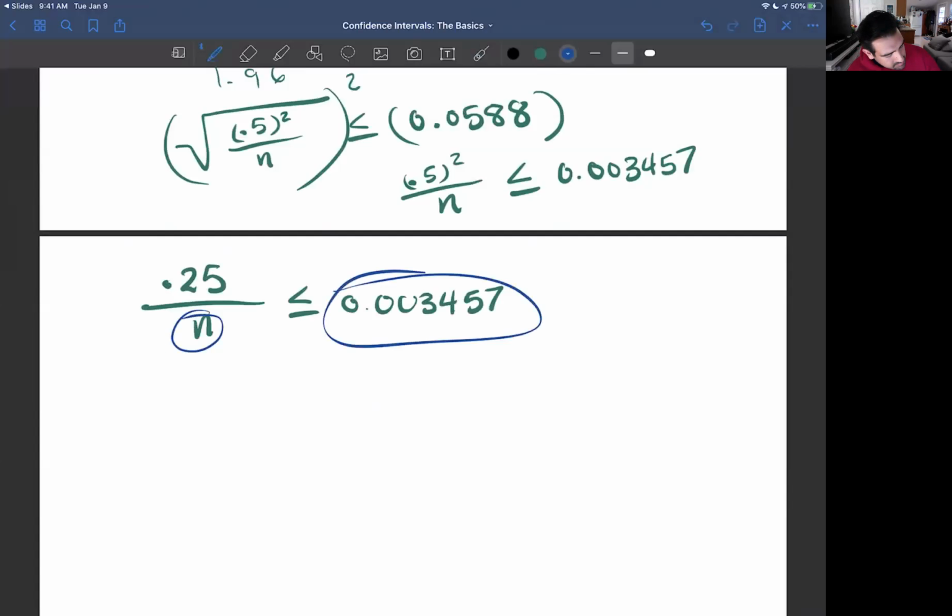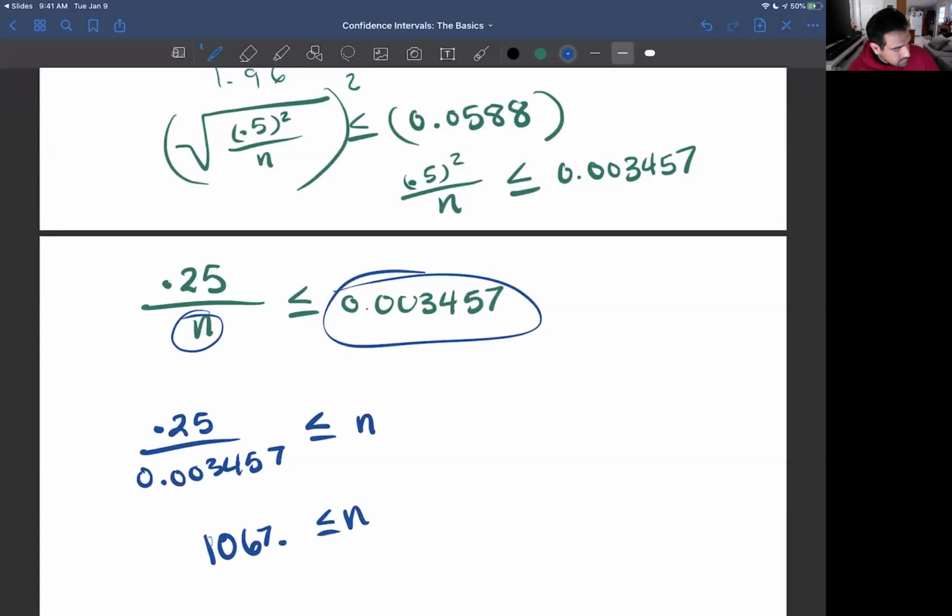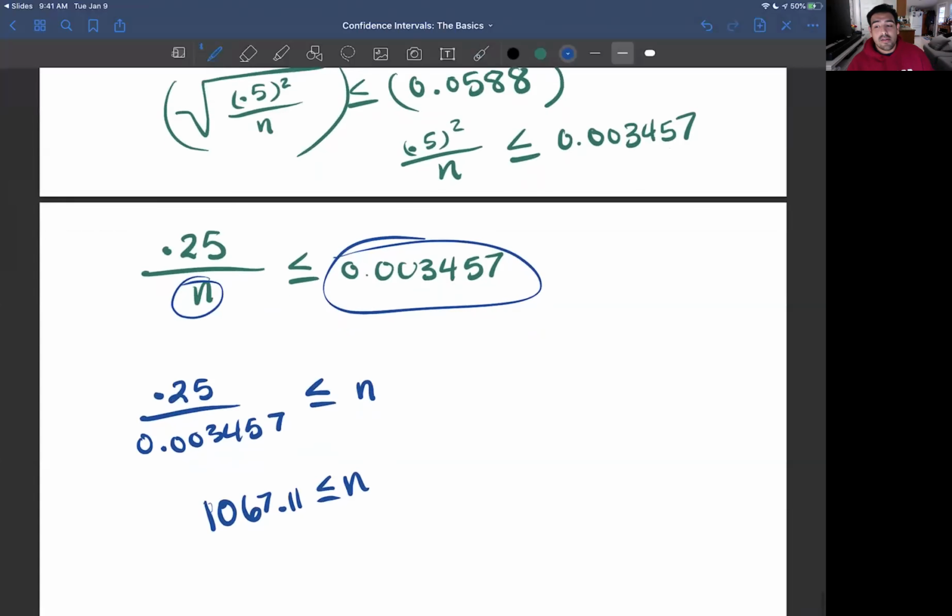Ultimately, in the end, I'm going to get 0.25 over 0.003457, that's less than or equal to n. Doing that math and making sure that we have the actual answer, I know my sample size needs to be greater than or equal to 1067.11, right? So in order to actually make sure that I have a margin of error that's no more than 3%, I need a sample size of at least 1,068 people.